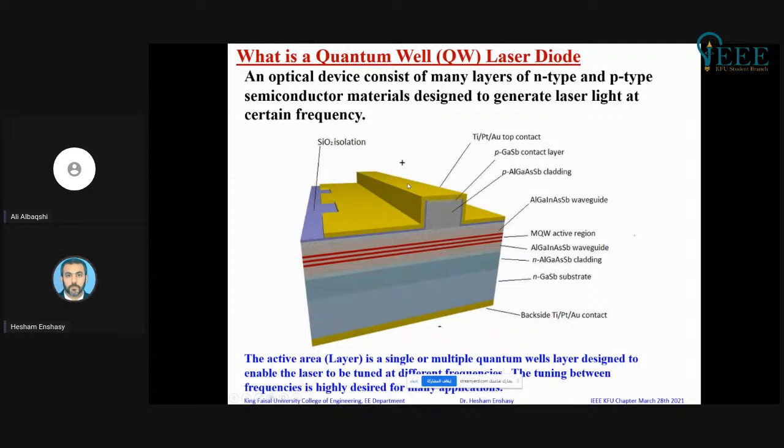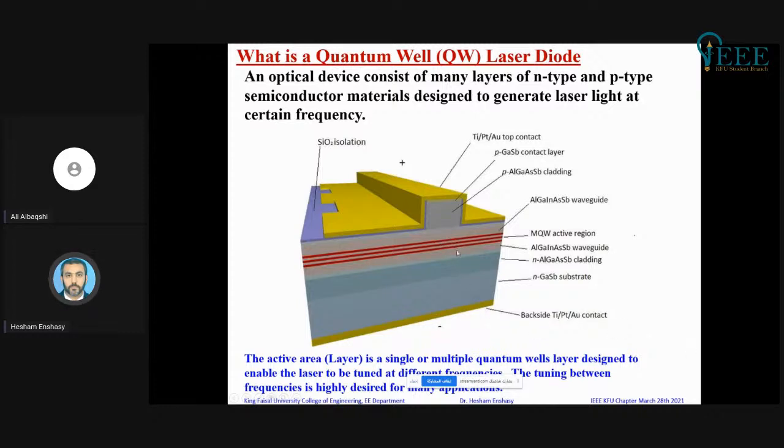Then the wire will be connected from this top layer and bottom layer for the plus and minus connection of the power supply. Usually, there will be a silicon dioxide isolation layer just to isolate the whole area here and allow the current to go through the system just from this ridge area, to contain the light coming from this laser to be from this side only.